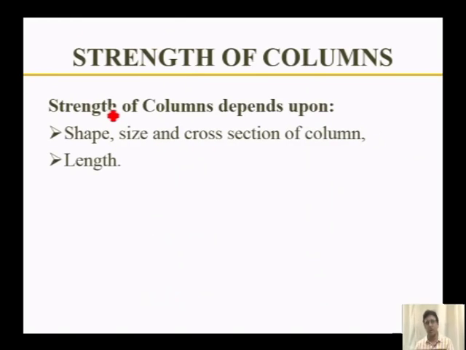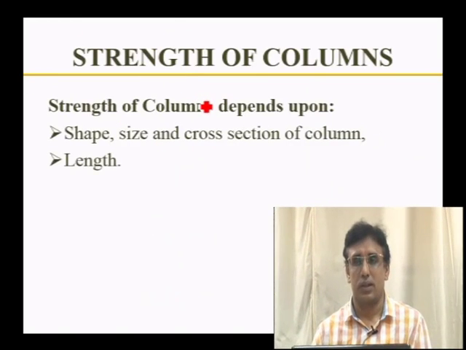And how can we define the strength of the column? Strength of the column depends upon the shape of the column, whether it is rectangular, circular, square, I or T. Depending upon the shape, the strength of the column changes.